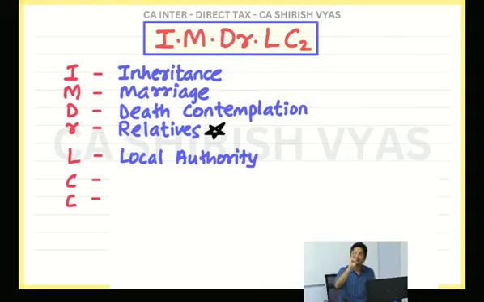Actually there are three governments. Central, state, local. Central government regulates the whole country. State government for the whole state. And local government is for a locality. And that local government is local authority, which is also called as municipal corporation. So if you get gift from local authority, even that is exempt.